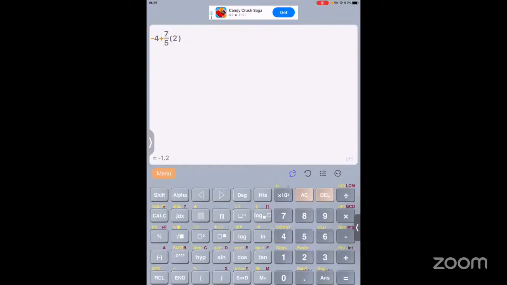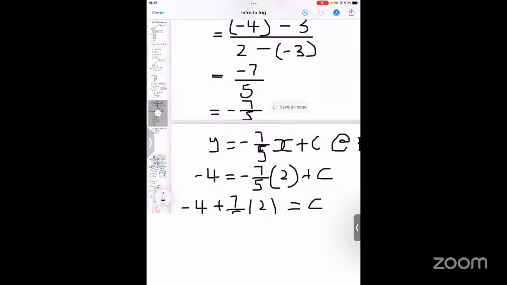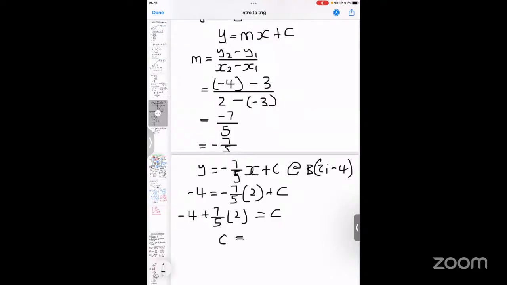Then it gives -1,2. We don't deal with decimals when determining an equation. You must convert it to a fraction. Then it gives you -6/5. So that means C is equal to -6/5.